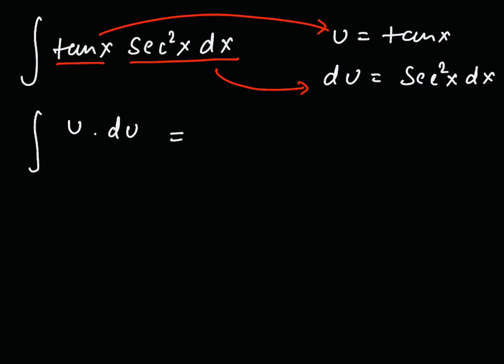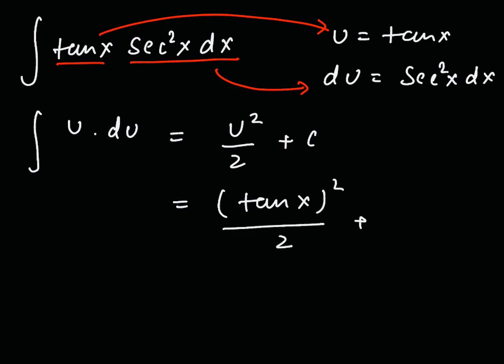So we would have, by using the power rule, u squared by 2 plus c, where c is a constant of integration. Now we're going to replace the value of u, that would be tan x squared divided by 2 plus c. So that's going to be half of tan square x plus c. So this is the answer of the first indefinite integral.